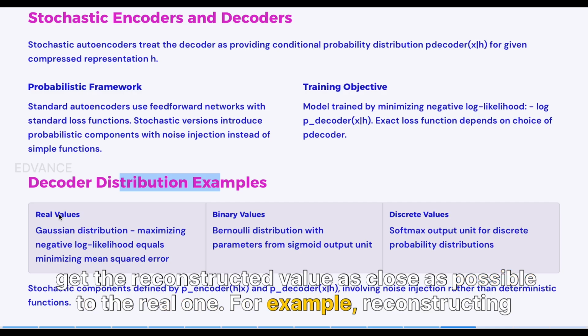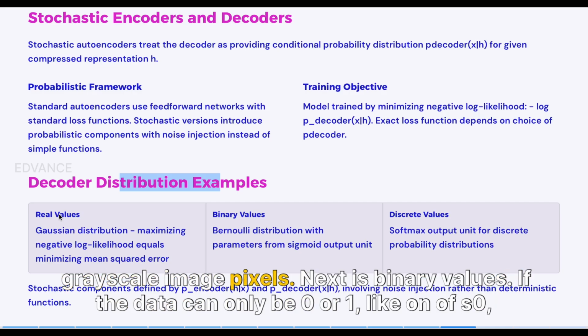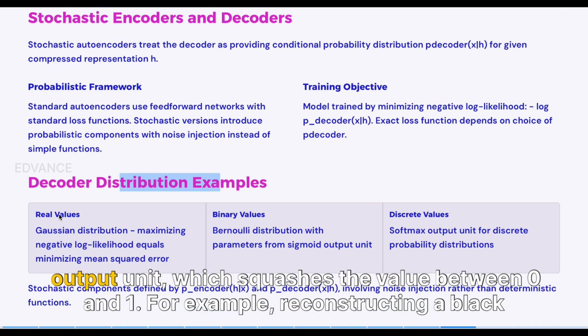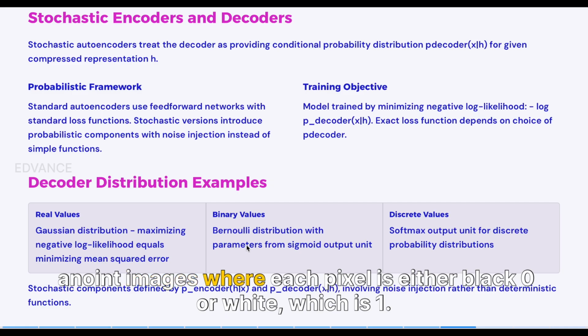For example, reconstructing grayscale image pixels. Next is binary values. If the data can only be 0 or 1, like on, off, yes, no, then the decoder uses Bernoulli distribution. The probabilities come from a sigmoid output unit, which squashes the value between 0 and 1. For example, reconstructing black and white images where each pixel is either black, 0, or white, which is 1.